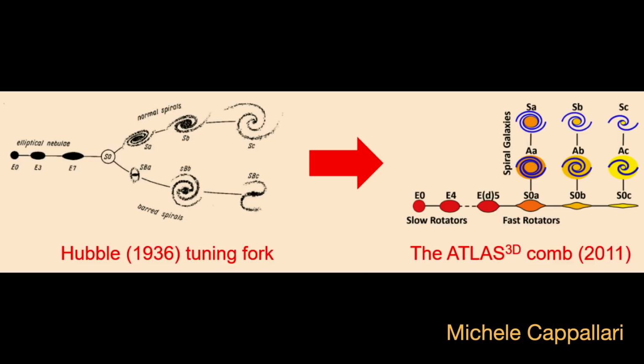So this was work which my colleague Michele Capellari led as part of a big survey called Atlas 3D, trying to get at the 3D structures, the rotating structures of over 200 galaxies that they investigated in this way to reach the conclusion that is summarised in this diagram on the right.